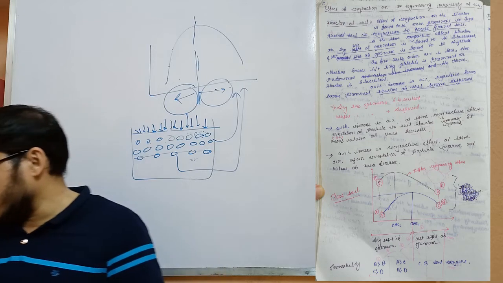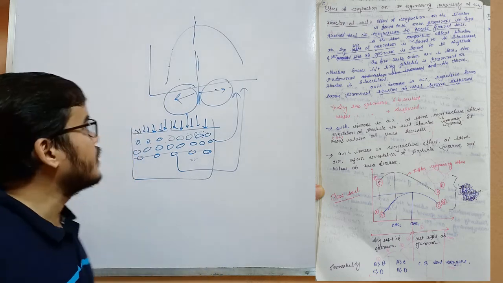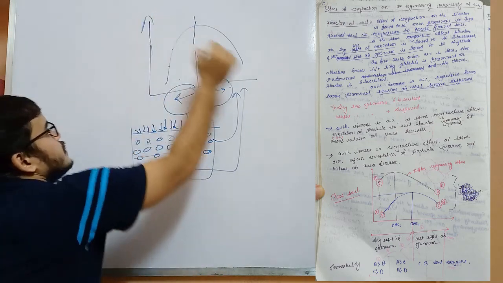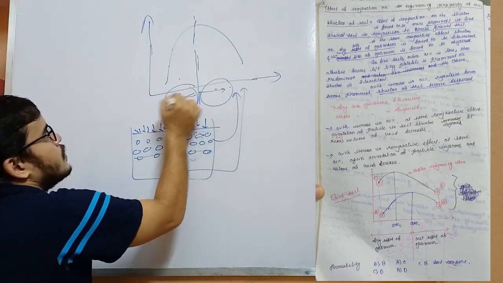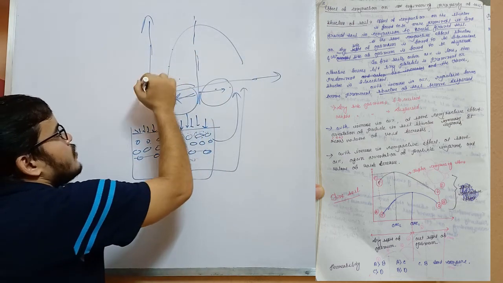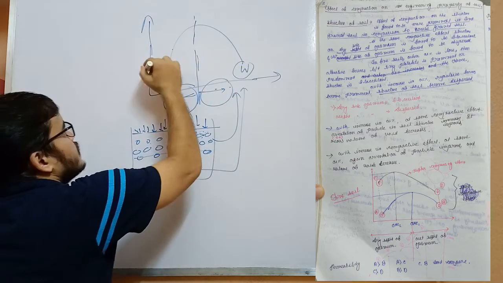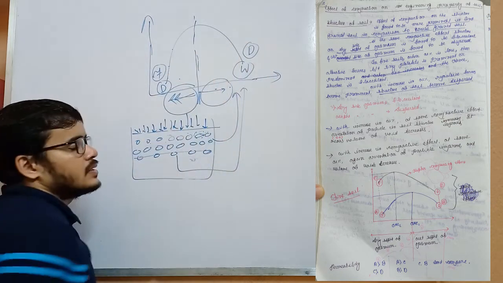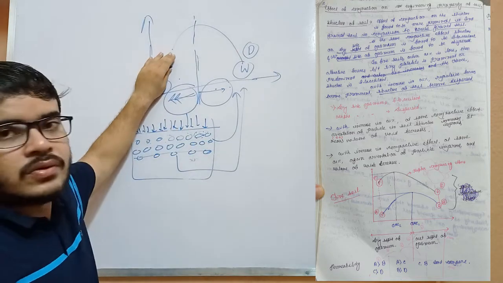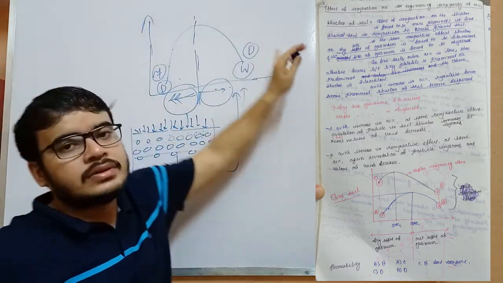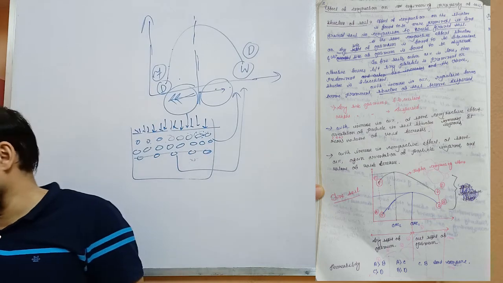Now draw this curve and divide the sections: dry side of optima and wet side of optima. Here we can see flocculent structure, and on this side we will see dispersed structure.